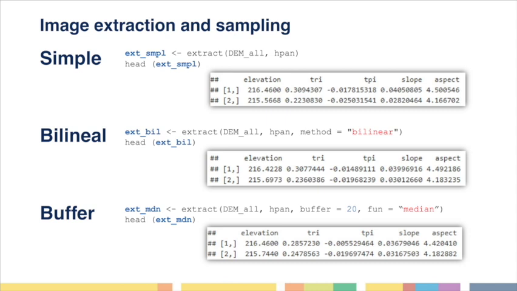There are several ways to do it. The first one is a simple way where the image has pixels, and the pixel that falls where the point is located is the pixel that we choose. So there are several variables being seen at the same time, and we're extracting all of those different variables that are in that series of images.